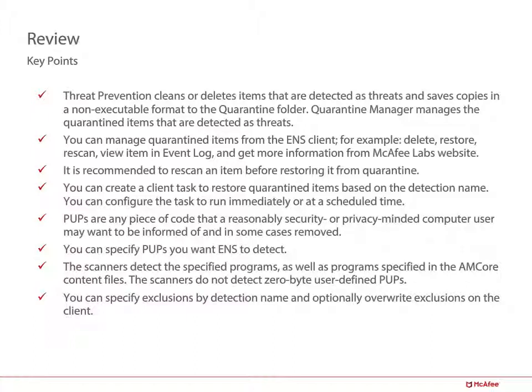You can also specify your own potentially unwanted programs you want ENS to detect. The scanners detect specified programs as well as programs specified in the AM core content files. They do not detect 0-byte user-defined PUPs. You can specify the exclusions by detection name and optionally overwrite exclusions on the client.